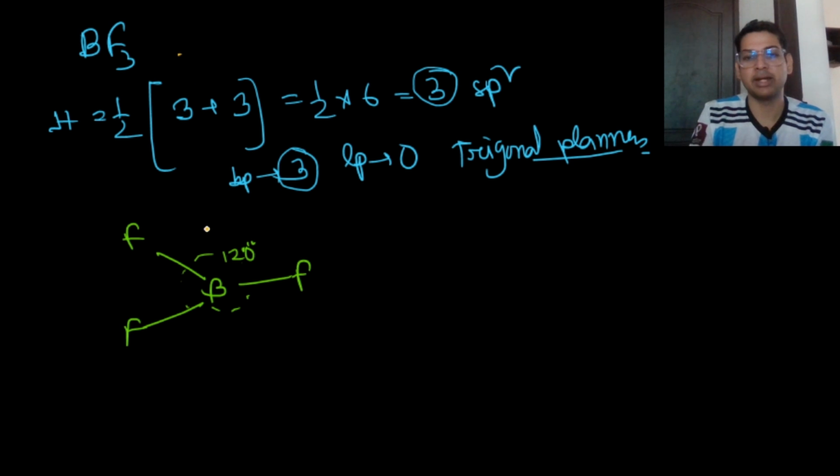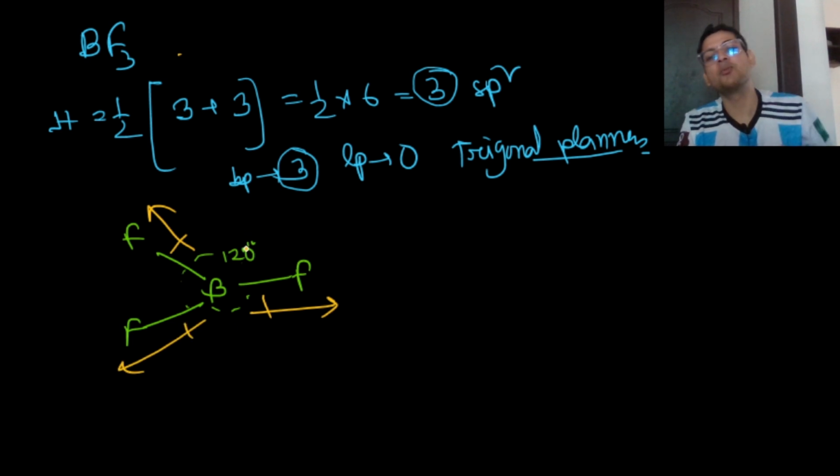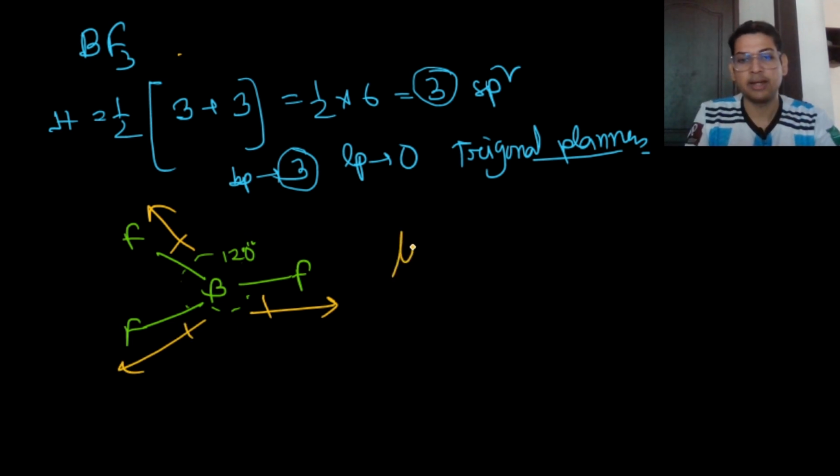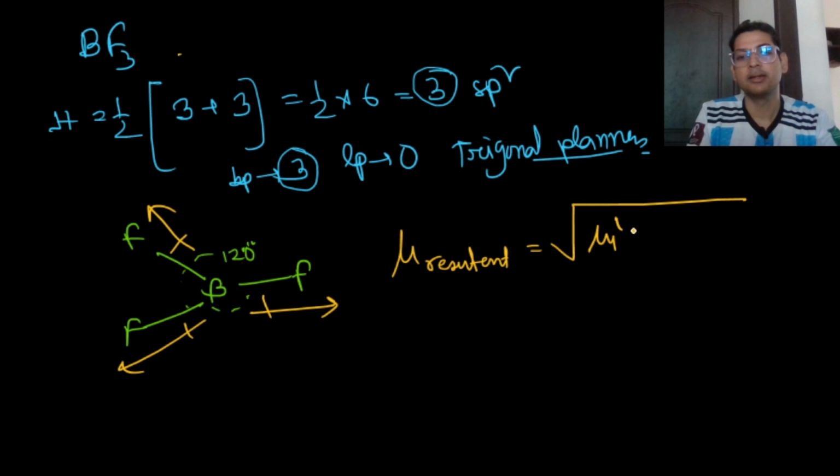This bond dipole moment, this bond dipole moment, and this bond dipole moment, if they are 120 degree apart, you calculate mu resultant is equal to root over mu1 square plus mu2 square plus 2 mu1 mu2 cos theta. Like this, if you calculate, you will get all of them are cancelling out each other.